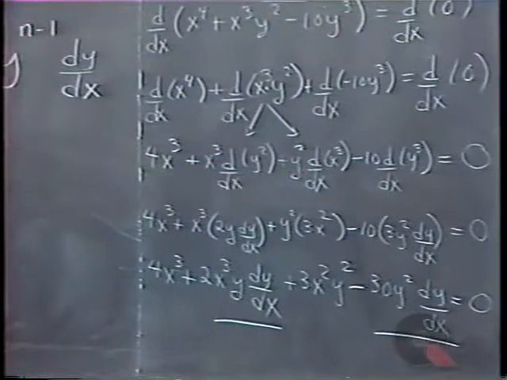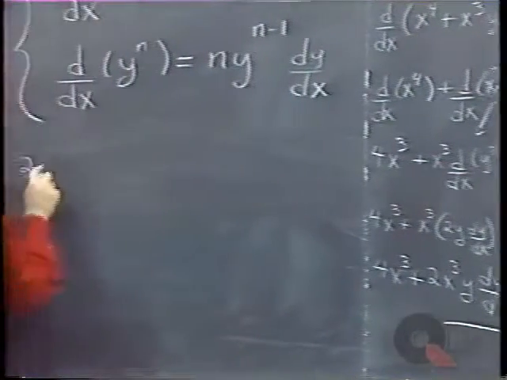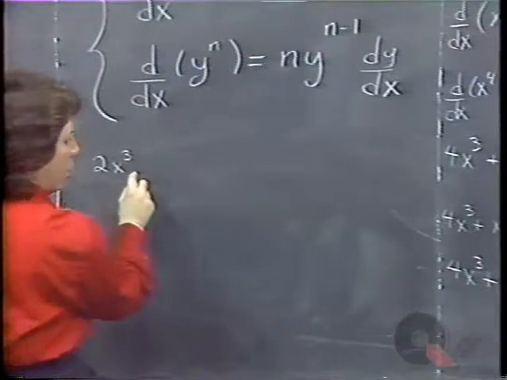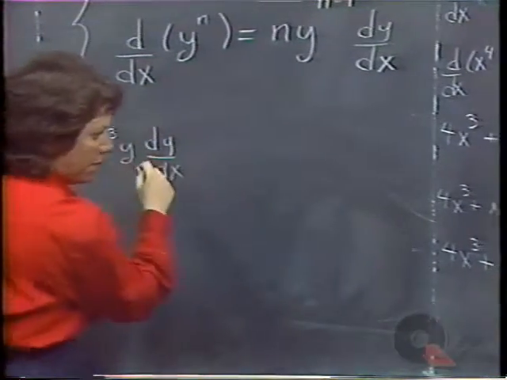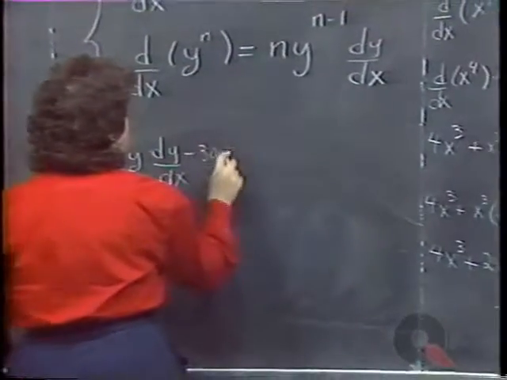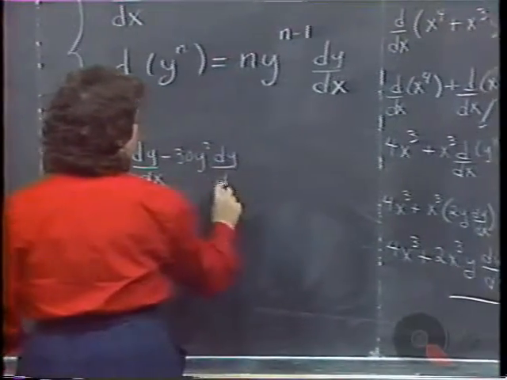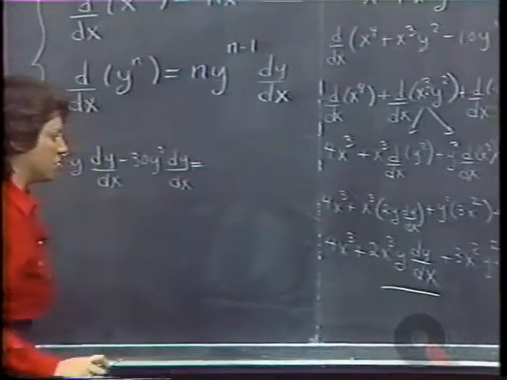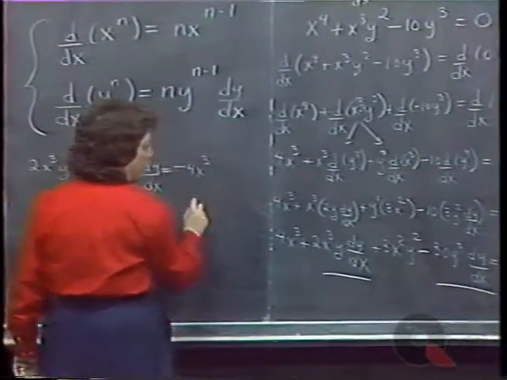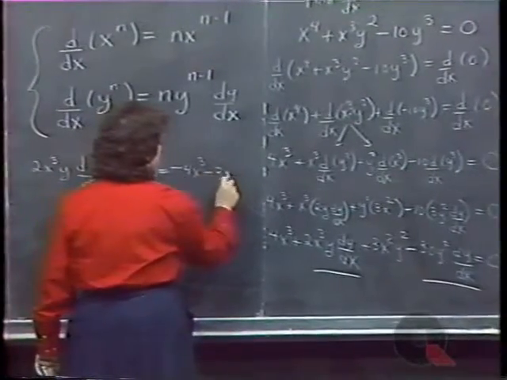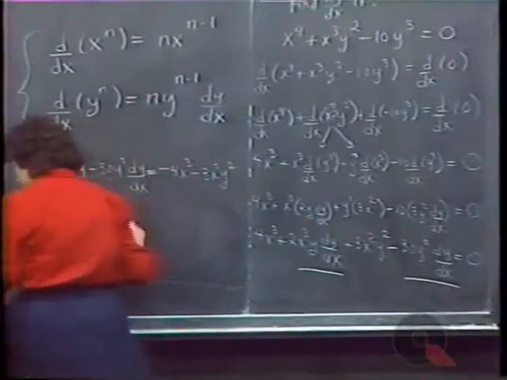So I will be left with 2x cubed y dy dx, I'm keeping that, minus 30 y squared dy dx equals, and now I'll have minus 4x cubed and minus 3x squared y squared.